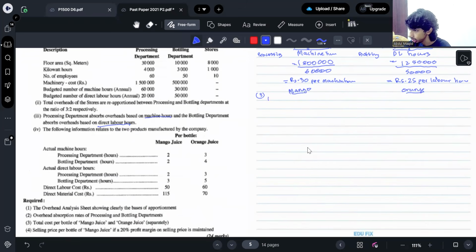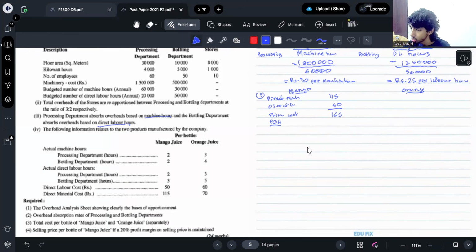So direct material 115, direct labor 50. Those two together will give you prime cost. Prime cost is 115 plus 50, 165. Now for this, you have to add your production overhead.